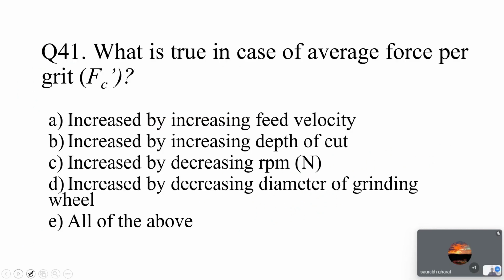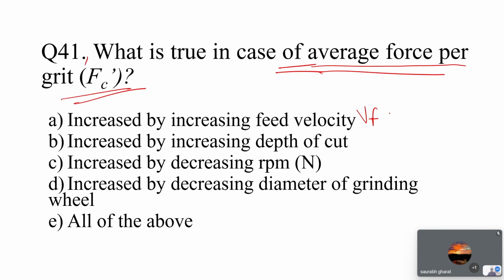Okay, so question number 41. What is true in the case of average force per grit, FC? You have to calculate. So you have FC now. Does it increase with VF?